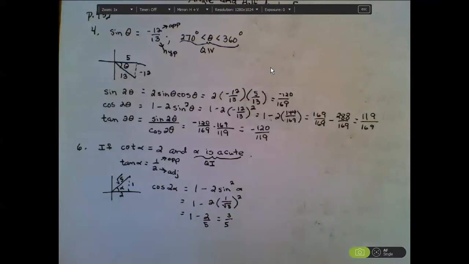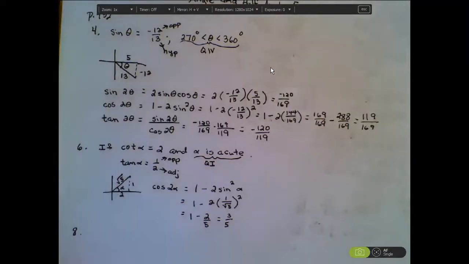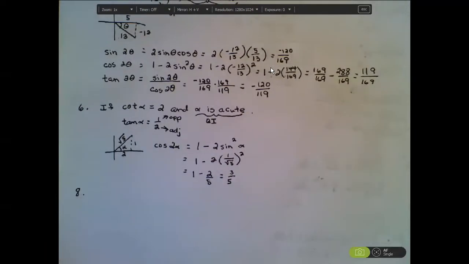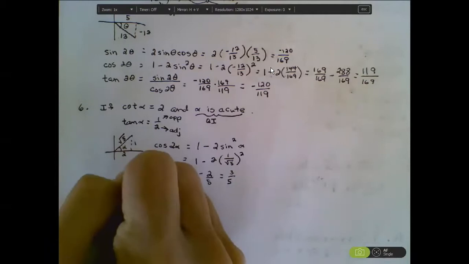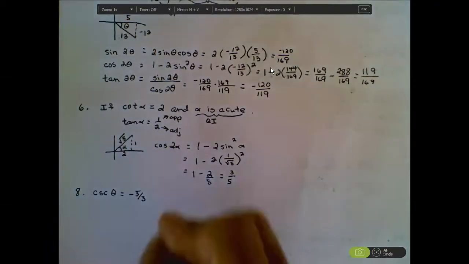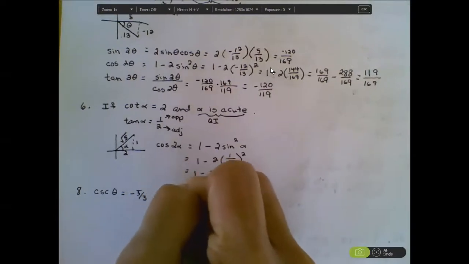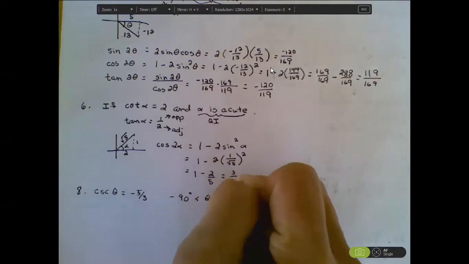For example, let's do number 8, which says if cosecant theta is -5/3 and theta is between -90 degrees and 0 degrees.